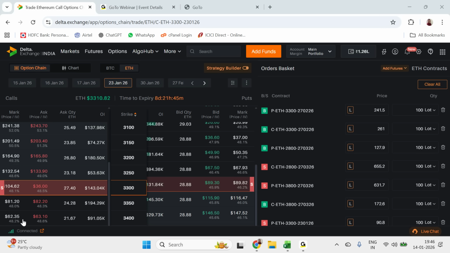If the price moves 10%, 15% above, you have to adjust the box spread strikes so that whatever losses have happened will come back to you once the trend reverses, or if the trend continues and the upper strike is penetrated and goes above 3800. In that case it will come to you, or it should have some protection.